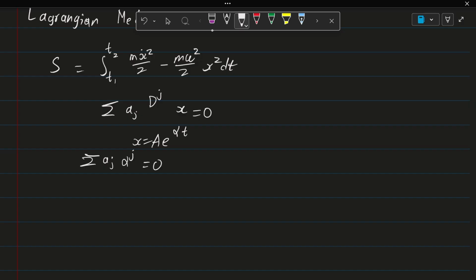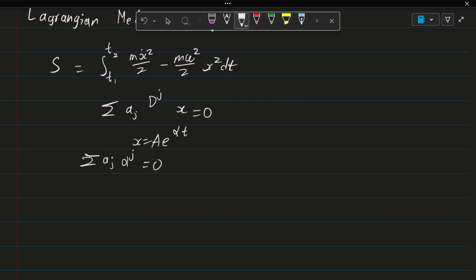This is the condition because x is going to be 0. If you put x equals a e to the power alpha t and do all the derivatives, you can just extract a e to the power alpha t outside, and you would get this. This is a very elegant way for you to solve for the general solutions.